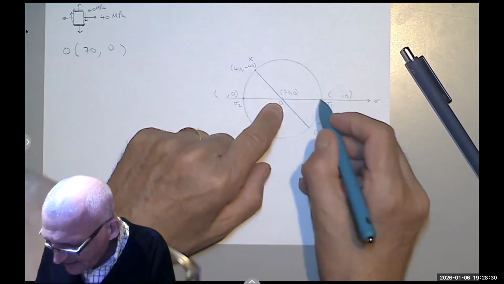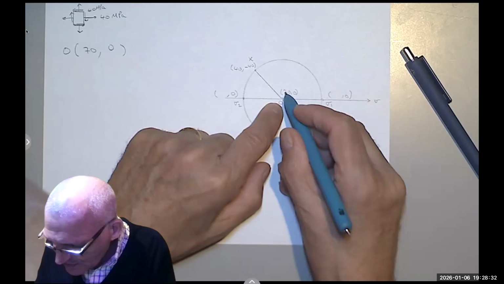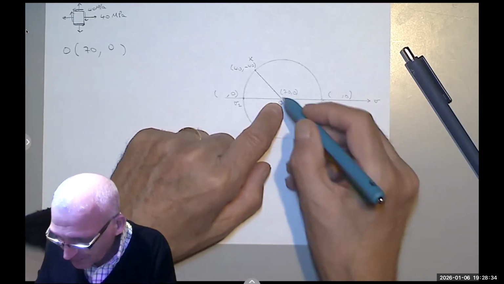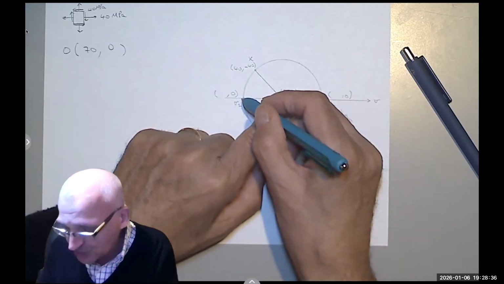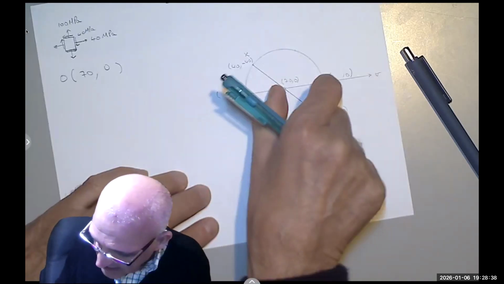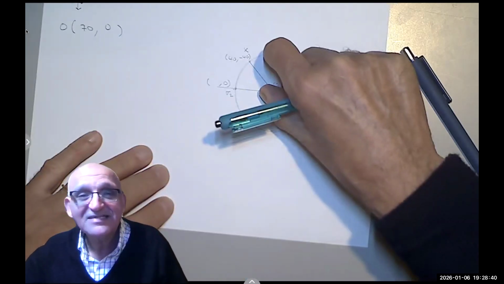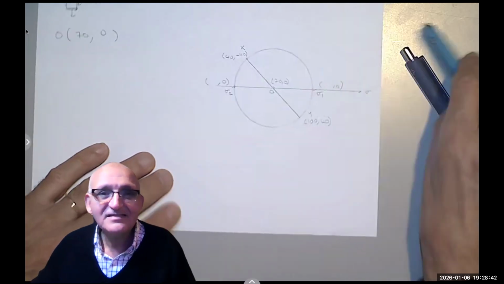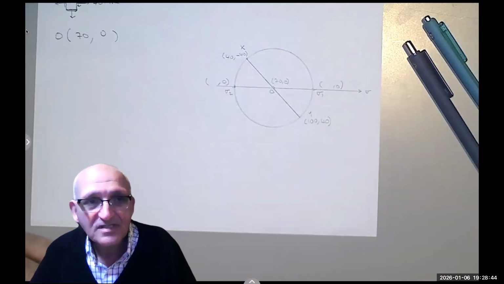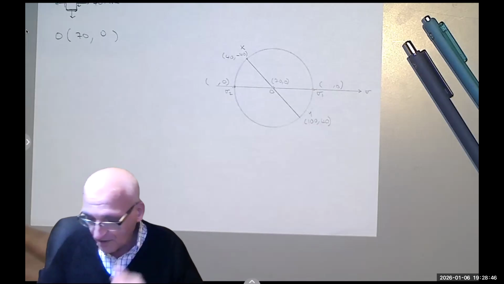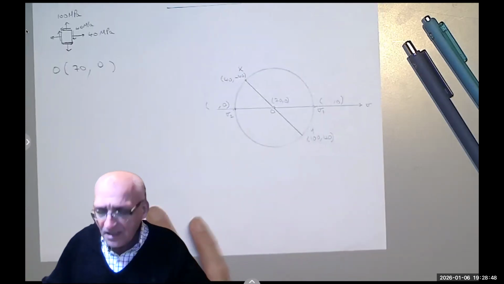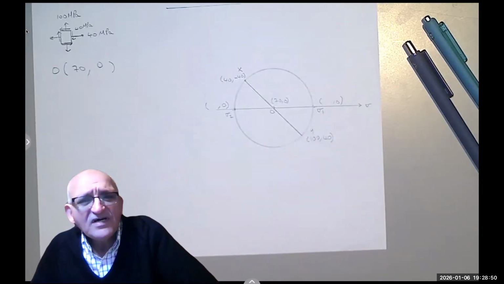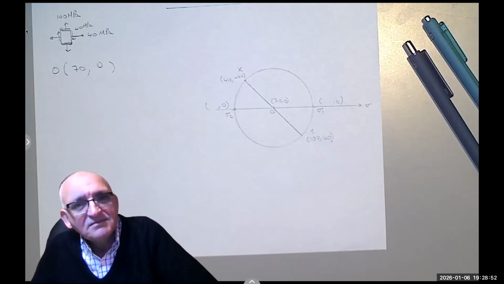If you can give me the radius, I can add it to the 70 to get sigma 1, subtract it from the 70 to get sigma 2. And in fact, that radius is also going to be the maximum shear that occurs on my element. The question is, how do I find the radius?